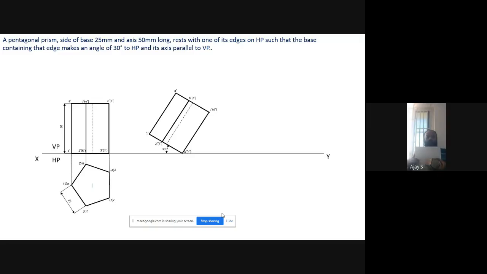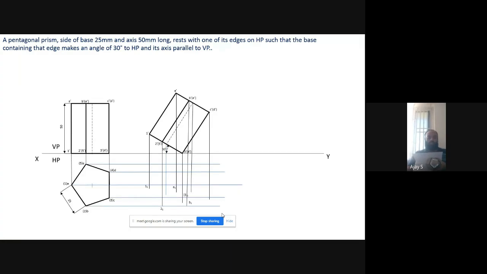How will your top view look? That you need to see. Does it look like this? If it is inclined to an angle, we'll check it out. You're able to see two faces and you can see one top face.